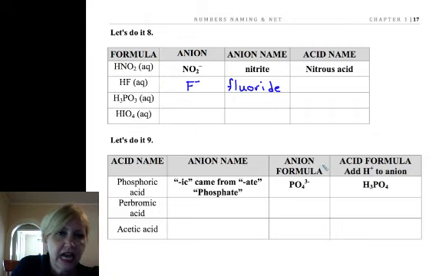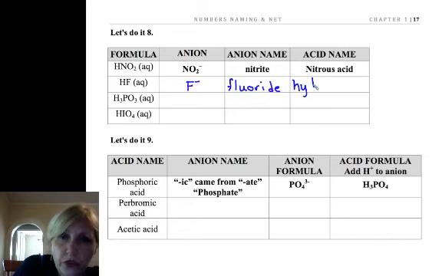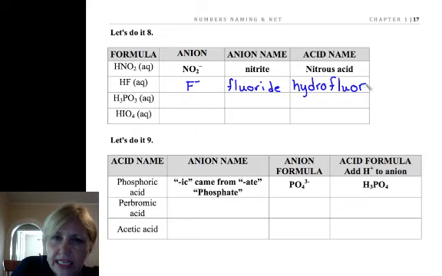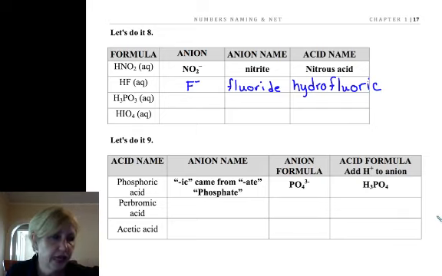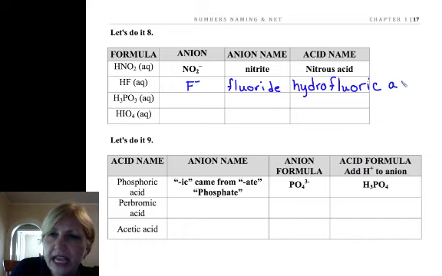If it ends in ide, even if it's cyanide, you're going to add the word hydro. Remember, fluorine has the flu, and instead of ide, we're going to put ic: hydrofluoric. But that's not quite enough. We have to add the word acid.